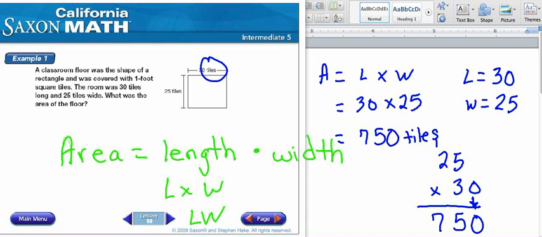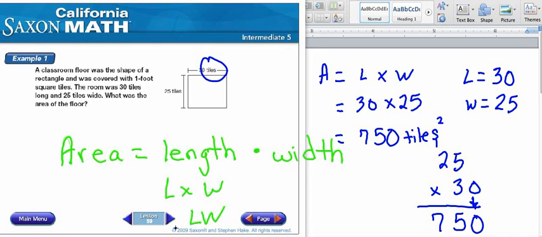But because I'm measuring area, we say that we have squared tiles. Okay? So whenever we're measuring area, we always put this 2 up here. It's called an exponent. We're squaring the area. Okay?